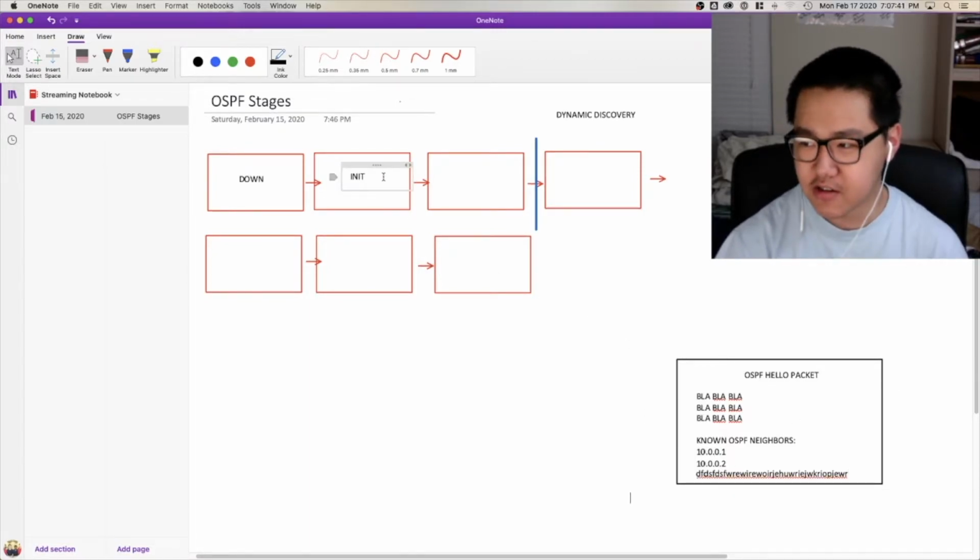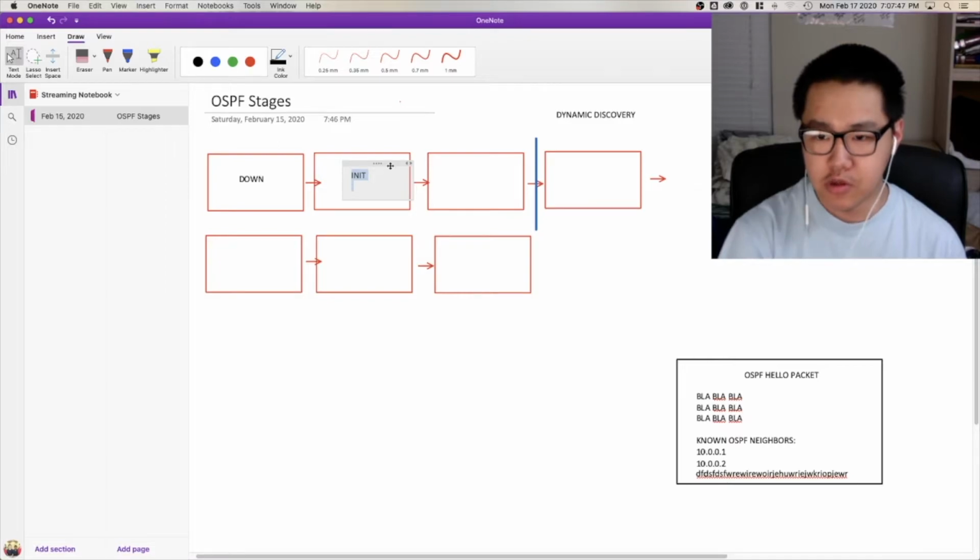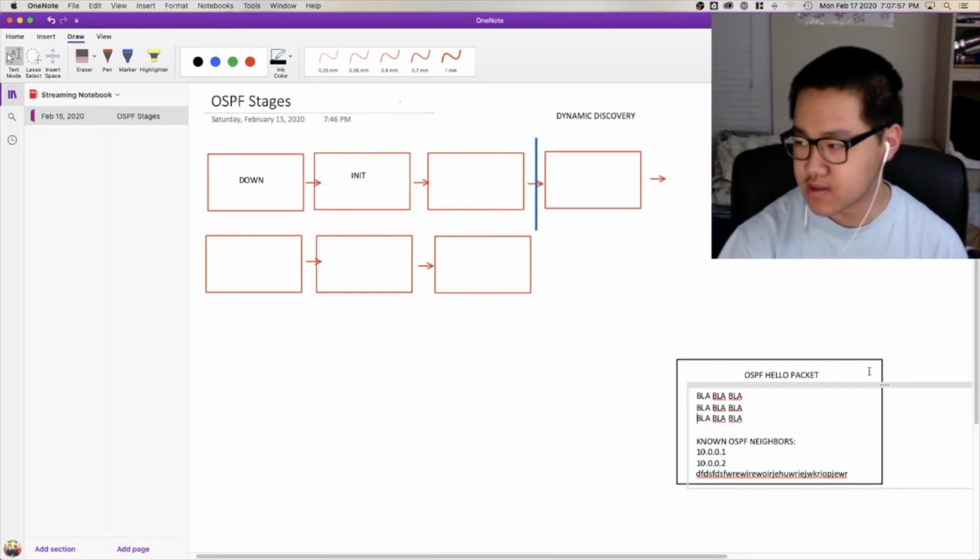And the key here is when you receive that OSPF hello packet. So you are router 2, I'm router 1. I'm sending a hello packet to you, and you as router 2 are going to be looking for your IP. So let's say this is R1's hello packet.